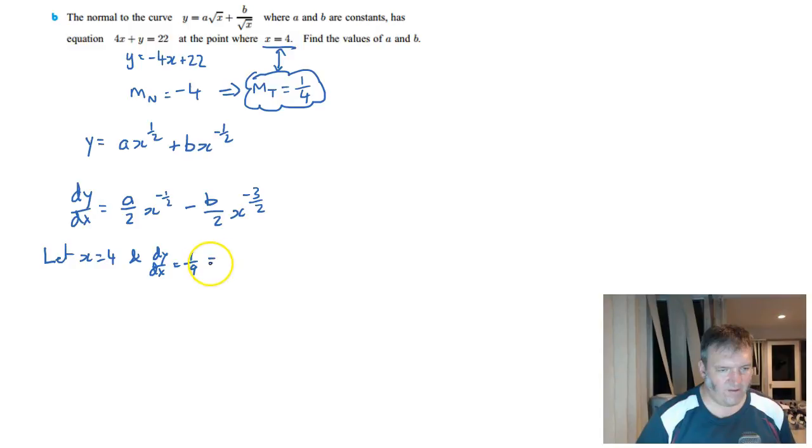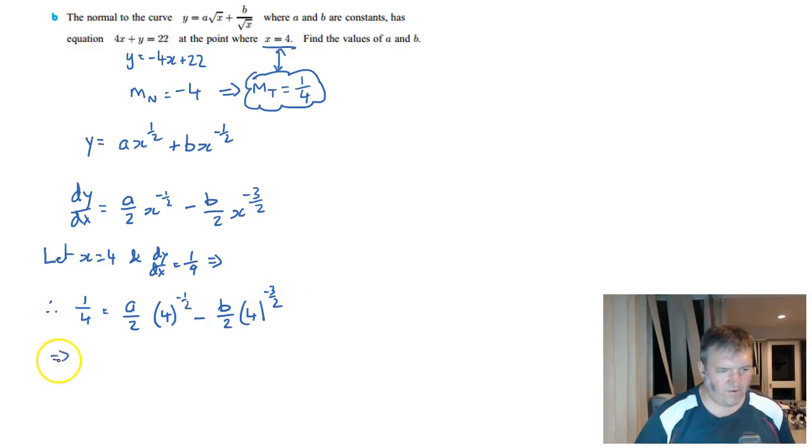What does that give me? I'm going to have 1/4 equals a divided by 2, 4 to the -1/2, minus b divided by 2, 4 to the power of -3 on 2.